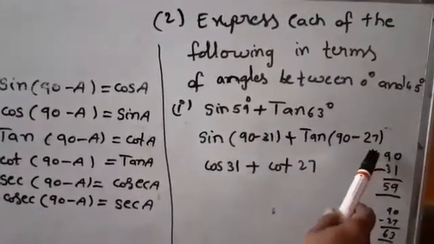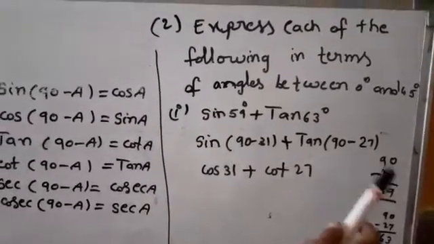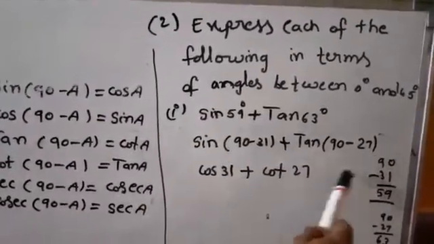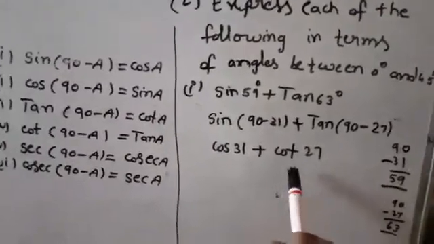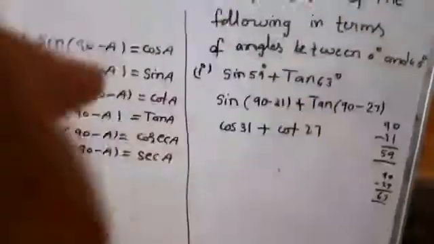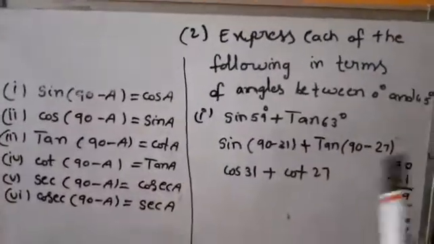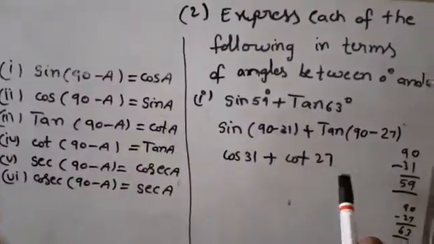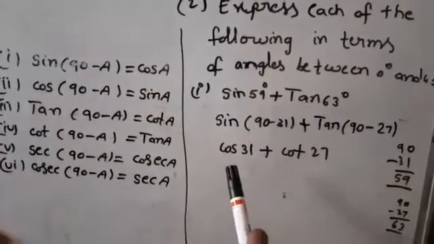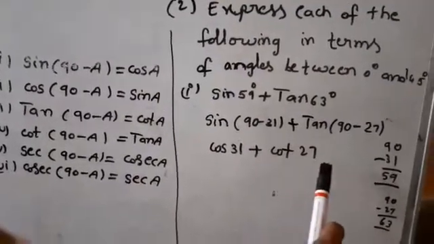In 90 minus 27, the angle is 27, so tan will become cot 27. So sin of 90 minus 31 means cos 31, plus tan of 90 minus 27 means cot 27. So the answer now is cos 31 plus cot 27 degrees.